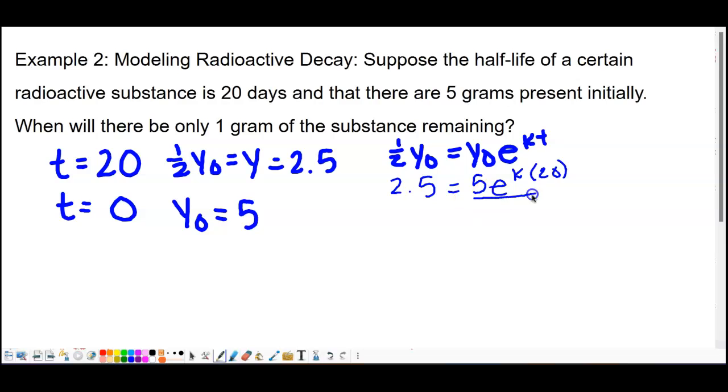So, divide by 5. That isolates my exponential. So if my exponential is isolated, to get rid of an e, we use our inverse property of e, which is ln. So I'm going to ln both sides.